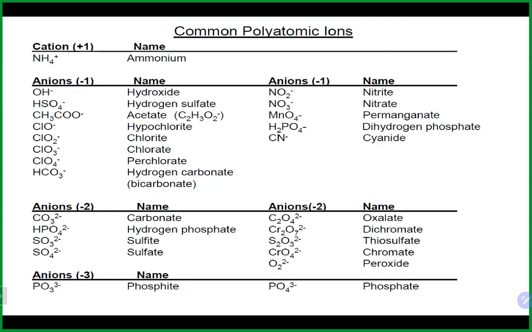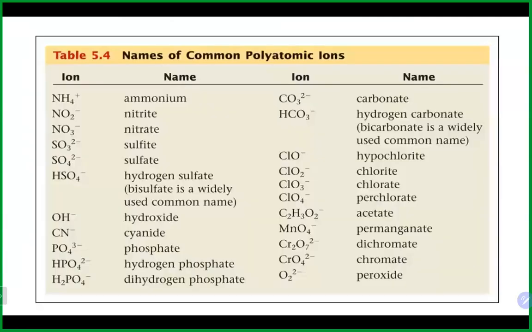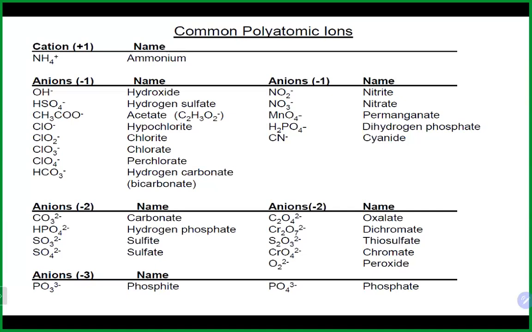But there is a way that you can look at these and maybe figure out and learn them. So there are patterns when we look at polyatomic ions. So for example, if we had our NO3- that we just saw there, which is nitrate, we have NO2-, that is nitrite.